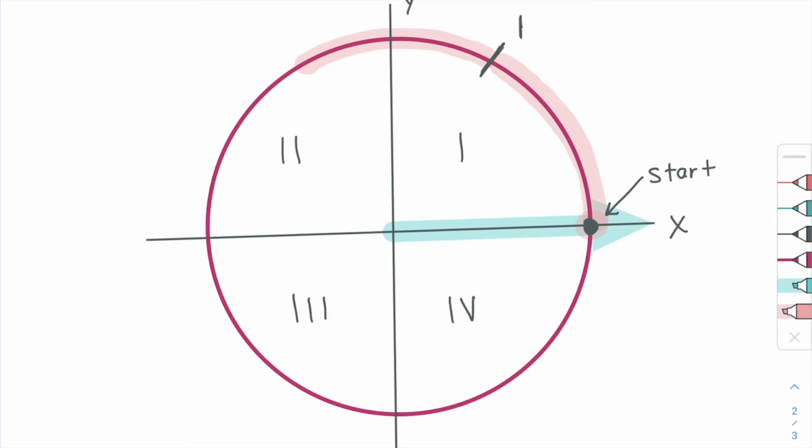And then you're going to mark that number 2. And you're going to keep going until you get all the way back to the start point, but don't go past the start point. Go as far as you can without passing the start point.